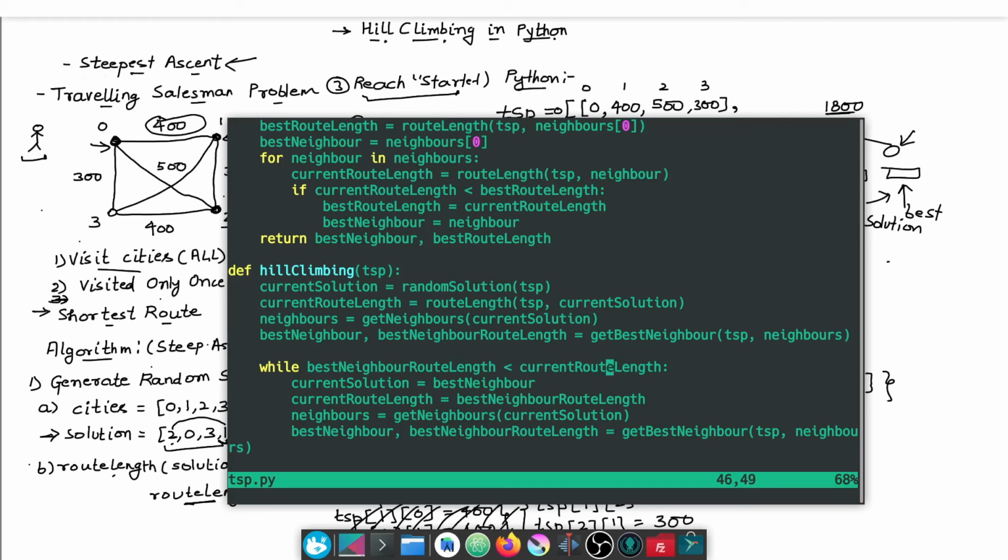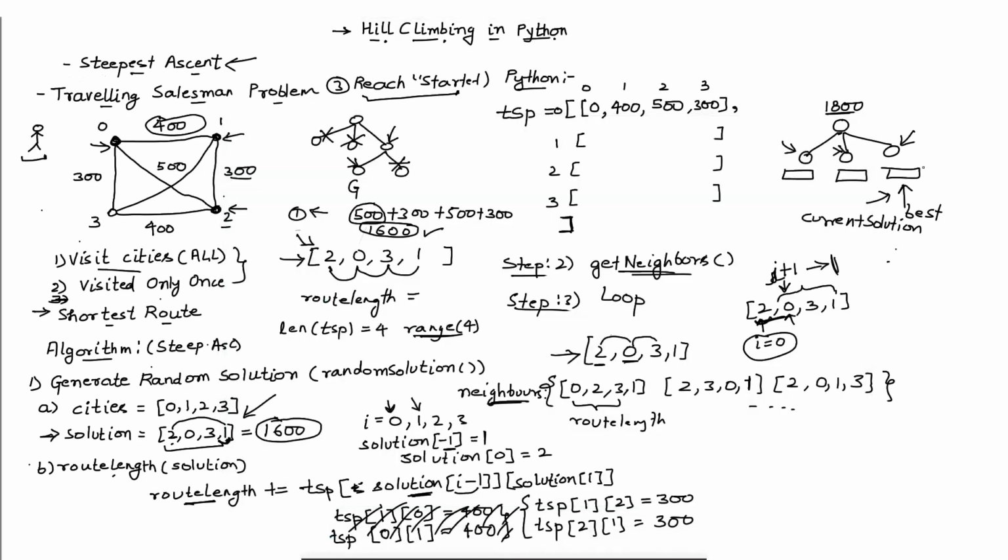So let's say, if you take a look at this diagram, this neighbor turns out to be the best neighbor out of all these neighbors. Now we are going to compare the route length, because that's the heuristic value. So it's important that I write here that the heuristic in our case is the route length.